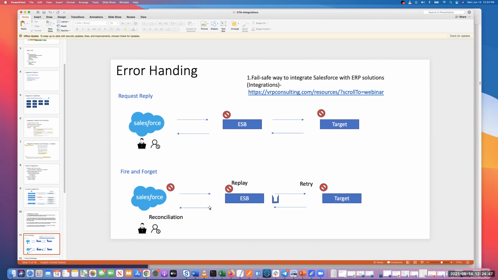On a request reply, since the user is waiting, you could always give the error message back, so the user can decide what to do, either retry or do a manual operation or whatever the business process is. But it's very important that in your handling, you think about the overall user experience, right?